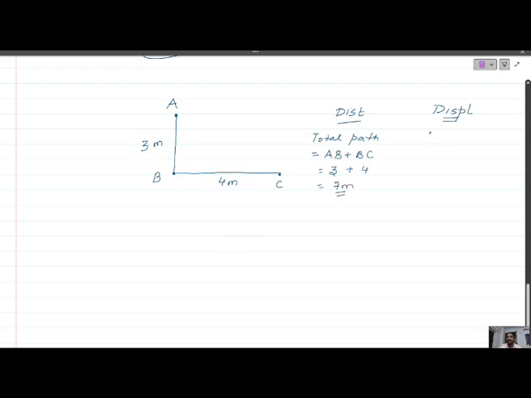Now, what is displacement? It is the straight line path between A and C. So what is a straight line path? If you join these two points directly, we get a straight line path. Just for the sake of simplicity, I have made these points in such a way that we have a 90-degree angle here, which makes AC the hypotenuse of a Pythagorean triangle. So we can calculate AC. How?